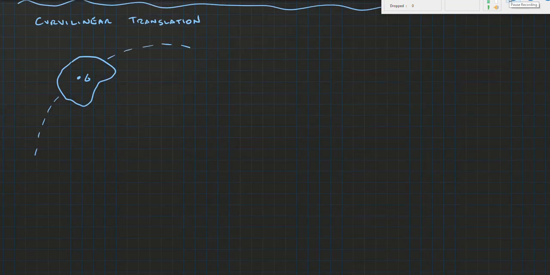Now suppose that our rigid body is translating still, but it's following a curvilinear path as it does so. Again, this might be loaded with forces and moments, certainly possibly a weight here.